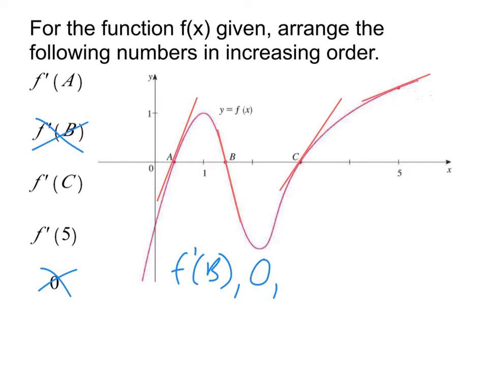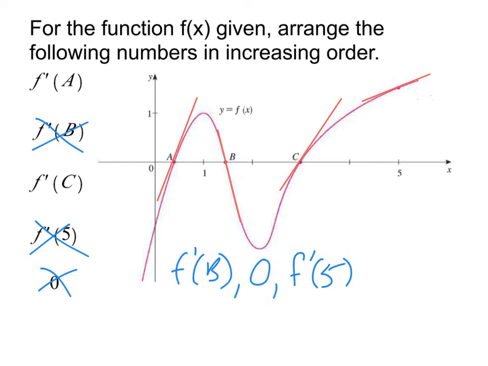Yeah, it's steeper. And so if I'm going from smallest to biggest here, I want the least steep slope next. Well, the next least steep slope is going to be at f prime of what? 5. And then, so now I've dealt with that one. So now it's between A and C. Which one looks steeper, A or C?